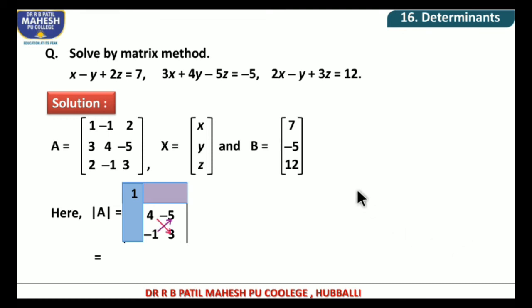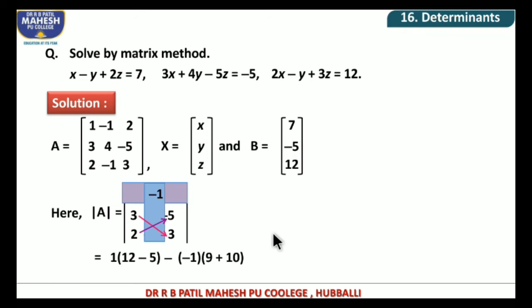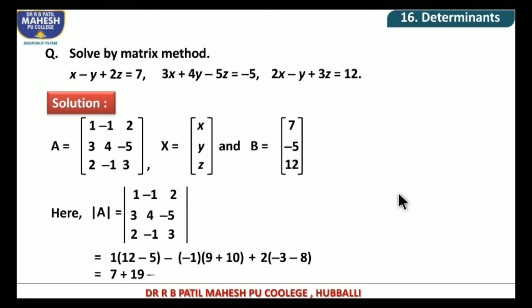Determinant of A is equal to 1 into the bracket of 12 minus 5, and for the second element we have the sign minus of minus 1 into 9 plus 10, and for the third element we have the sign plus, and 2 into the bracket of minus 3 minus 8. Therefore, after simplification we have 7 plus 19 minus 22. So it will be equal to 4, which is not equal to 0.